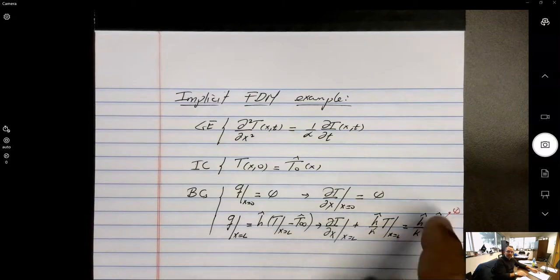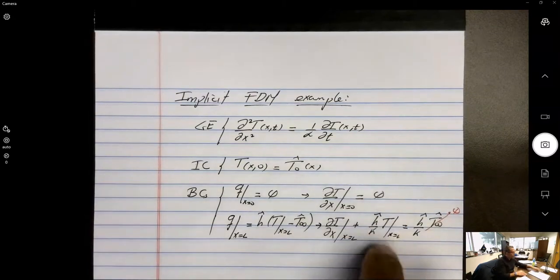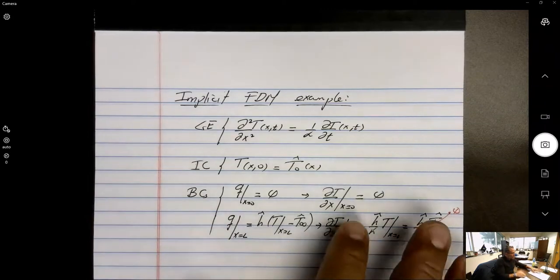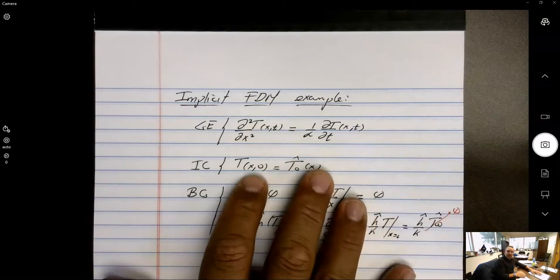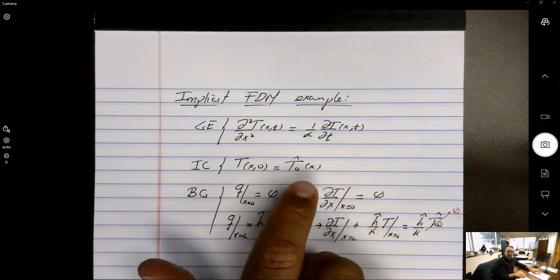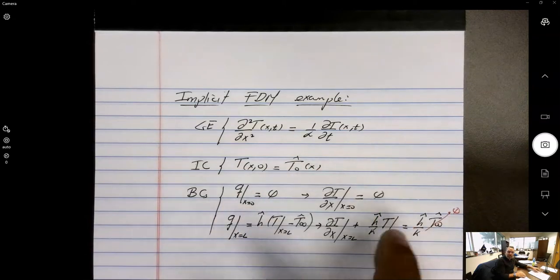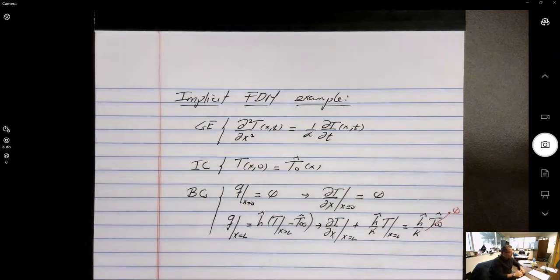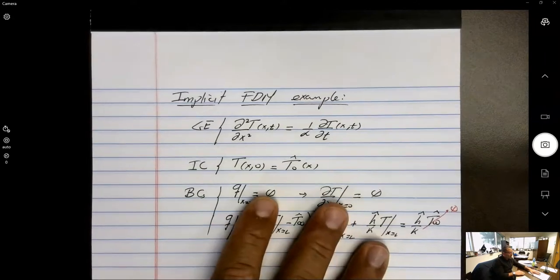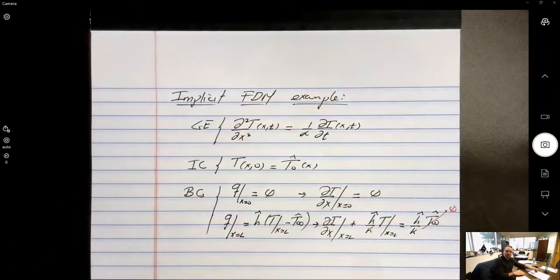And the eigenvalues are an implicit relationship that has to do with h over k and the tangent of lambda n L. And then the constants of integration have to do with the integration of the initial condition times the eigenfunctions, and the solution is in terms of an infinite power series. Okay, we did this before 2 lectures ago, the same analytical solution. We're just going to basically compare and see what happens to the numerical solution when we implement this implicit approach.